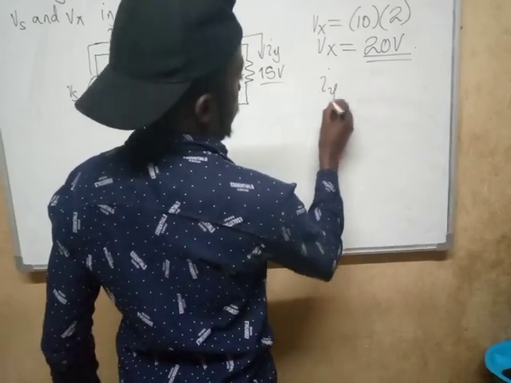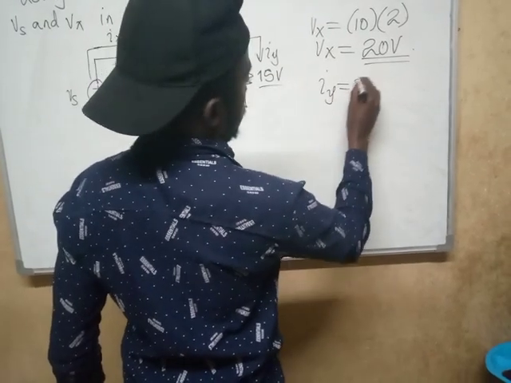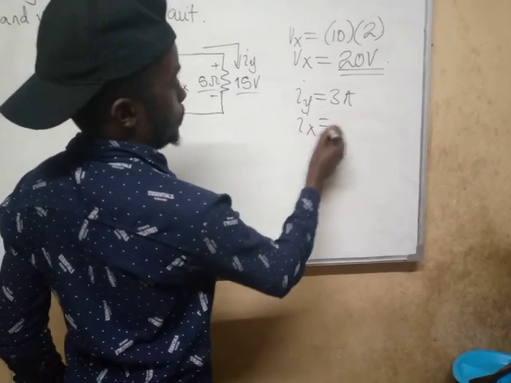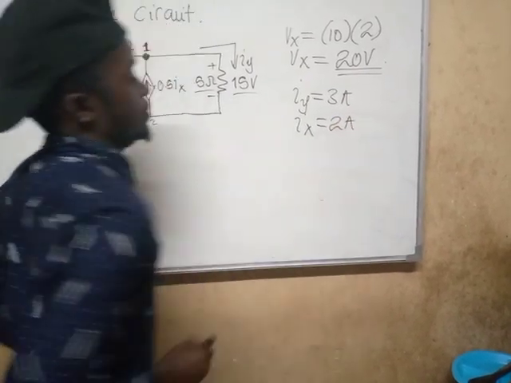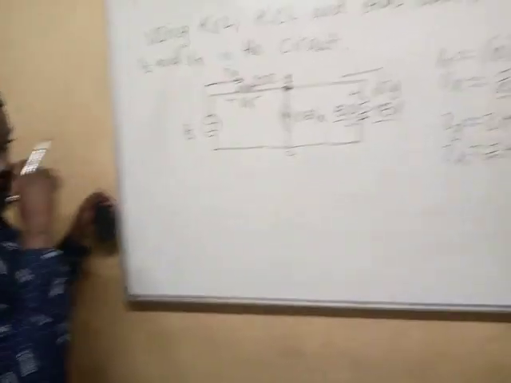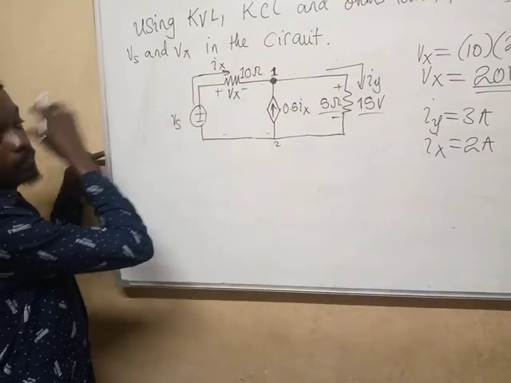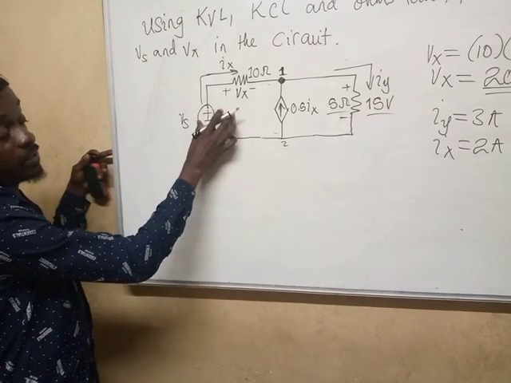I've already solved for IOI to be 3 amps, IX to be 2 amps. So these are my answers. Now we want to come up with this value.